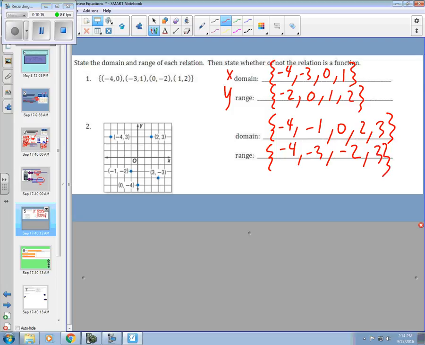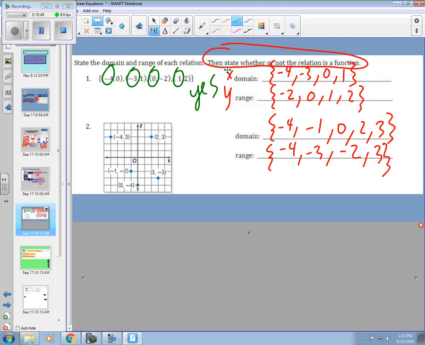Okay, now it also asks us to state whether these are functions or not. So let's go back and look. Is the first one a function? Does each domain value go to a separate y value? And here I think it does. There is no repeated x value. So since there's no repeated x value, we don't have to worry about it going to a different y value. So yes, this one is a function. Is the second one a function?